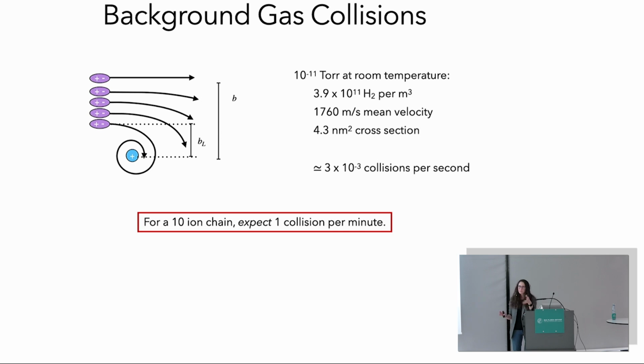So you get maybe 10 to 100 collisions per minute. But again, that's fine. If you're running an experiment, the experiment only takes like 100 milliseconds. If you happen to get a collision and you notice an ion is gone, you just throw out that run and run it again, right? But when we get to millions of ions, this will actually be a pretty appreciable error. So we'd like to understand this sooner rather than later.